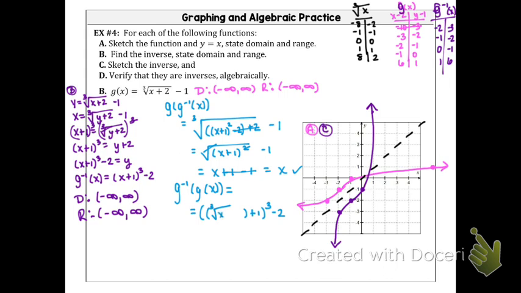So that's the cube root of x plus 2 minus 1. We can work in the parentheses, our 1's will cancel. So we get that cube root of x plus 2 cubed minus 2. The cube and the cube root will cancel, so we get x plus 2, and then the minus 2. 2's cancel, and we get x. And so we proved algebraically that they are inverses of each other.